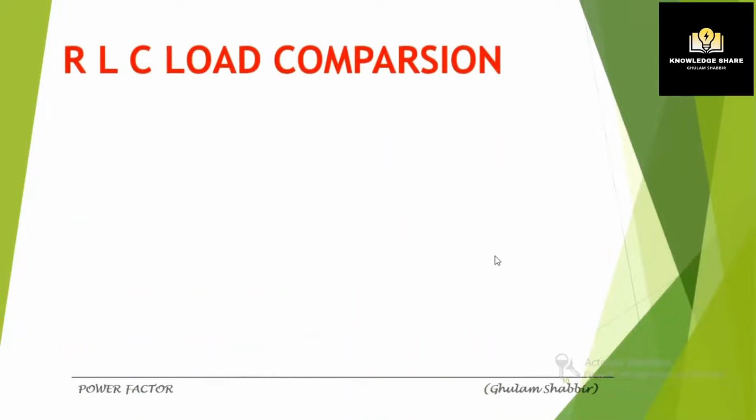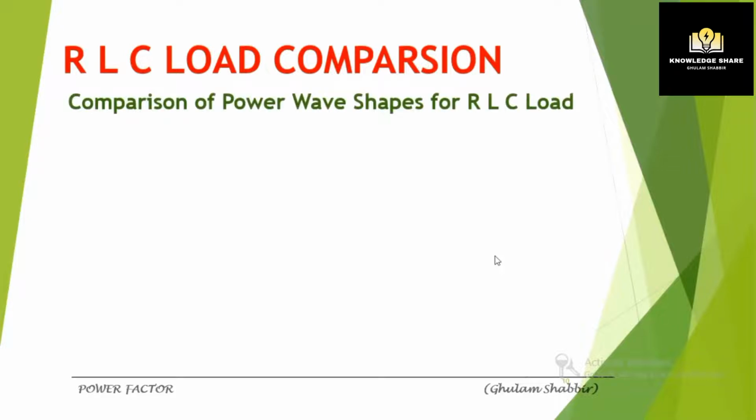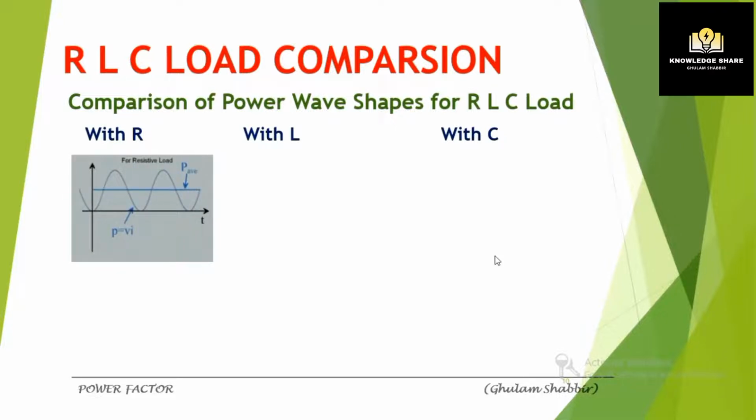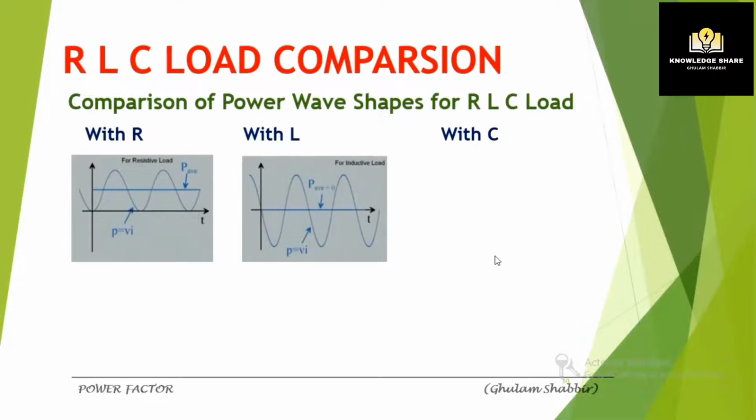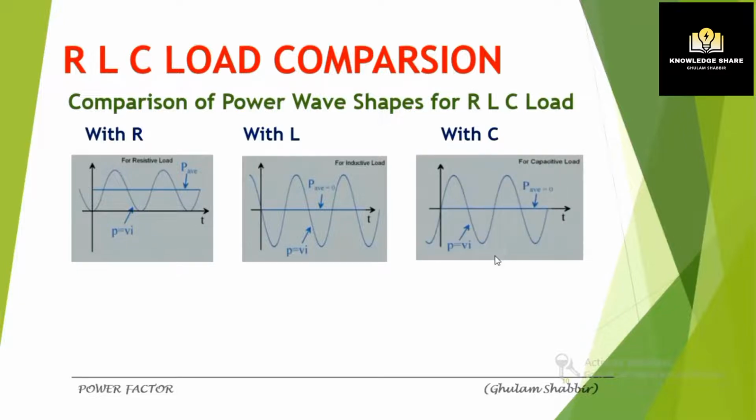Now we are going to draw the comparison of all three loads: the resistive load, inductive load and capacitive load. You can see there is a finite, non-zero average power in the case of a resistive load.